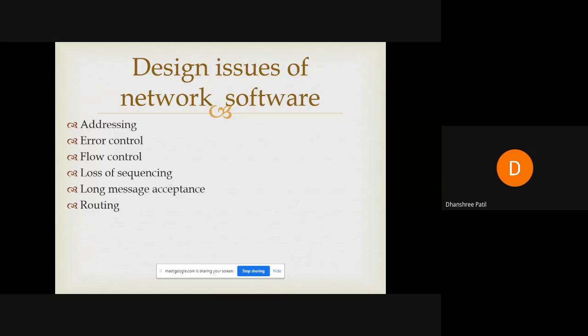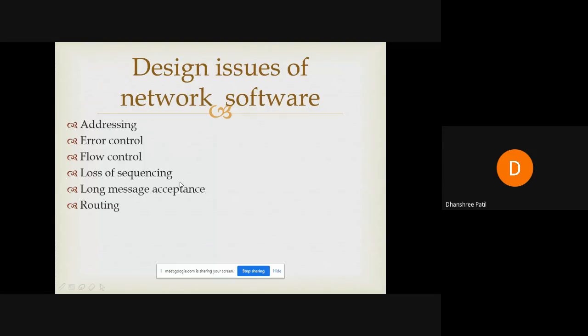That is nothing but flow control. If the sender is very fast and the receiver is too slow, the receiver will not get all the data sent by the sender. The sender will send the data, but the receiver is not capable enough to receive it. So this should not happen. There must be control on the flow of the data. So that is nothing but flow control.